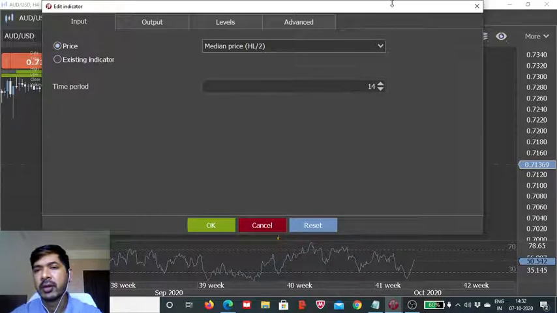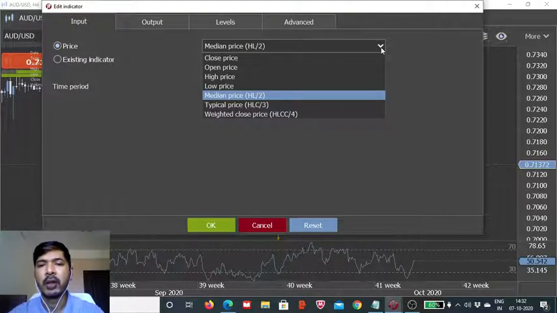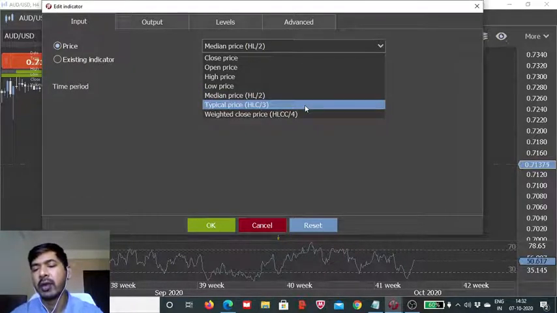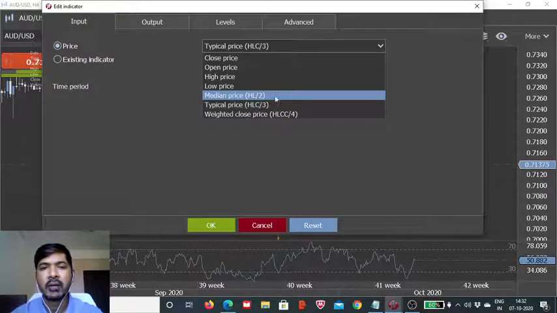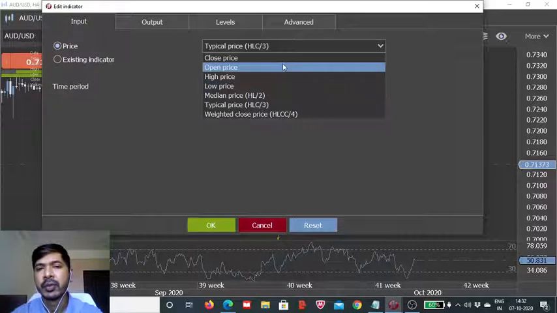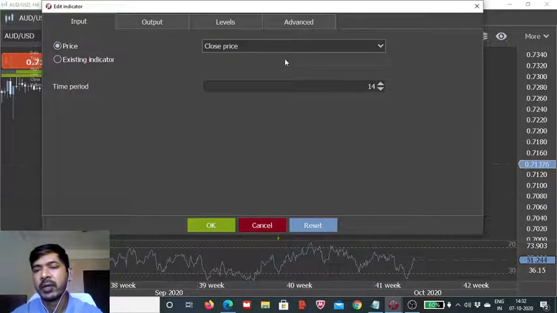With median price, the RSI plotting is different because the RSI values are going to be different depending on which value is going to be taken for calculation of the average price moves, and that's why we are looking at this difference being generated.